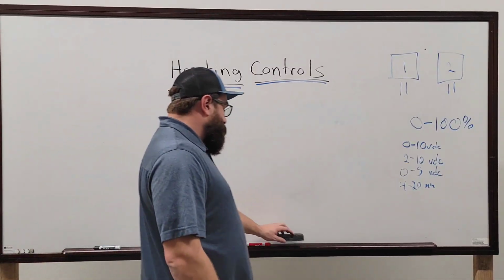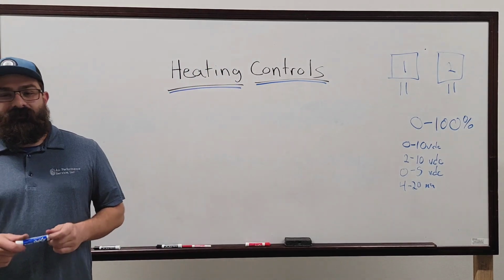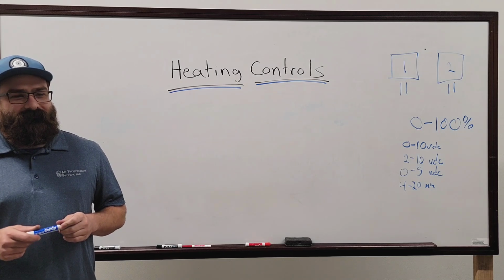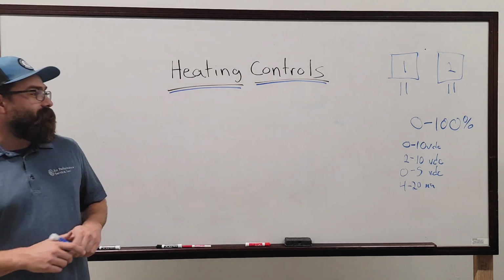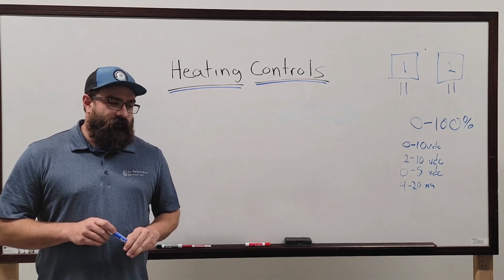But to what Holden was speaking about, as far as the controller's sequence of operation, once we have determined a sequence of operation for the box, programming it is pretty straightforward.